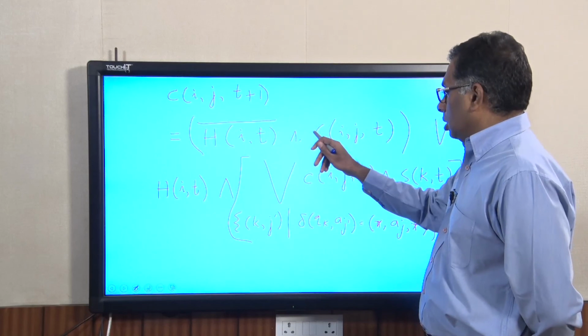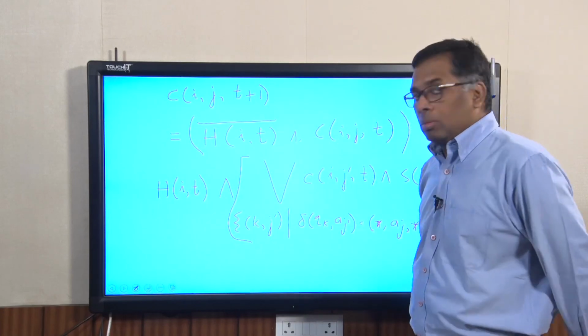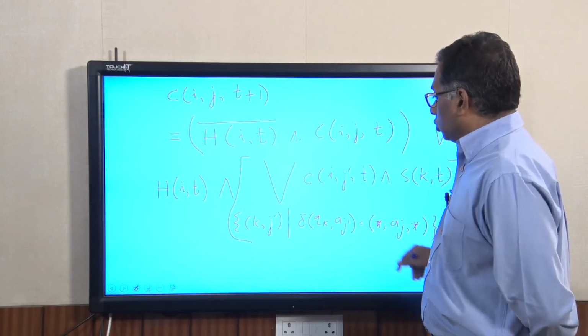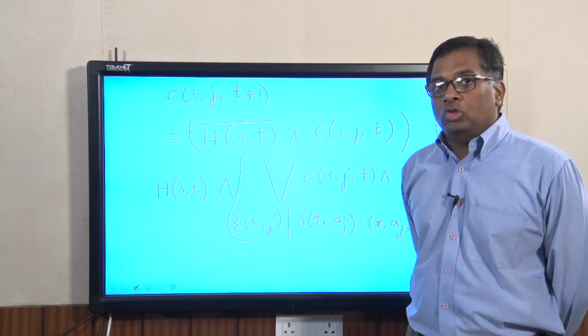You can see that it uses only H, C and S signals of time t. It uses negation and an OR, and the depth of this Boolean expression is only a constant.